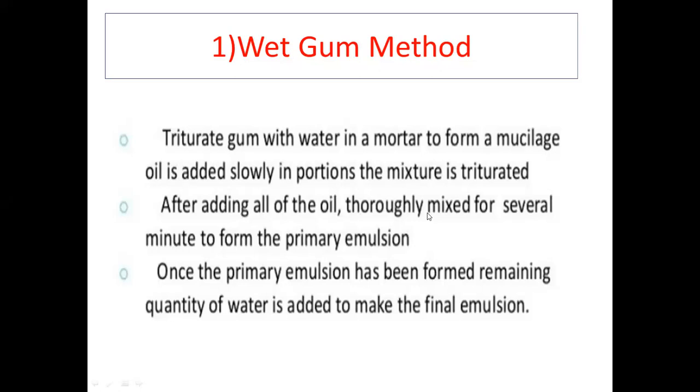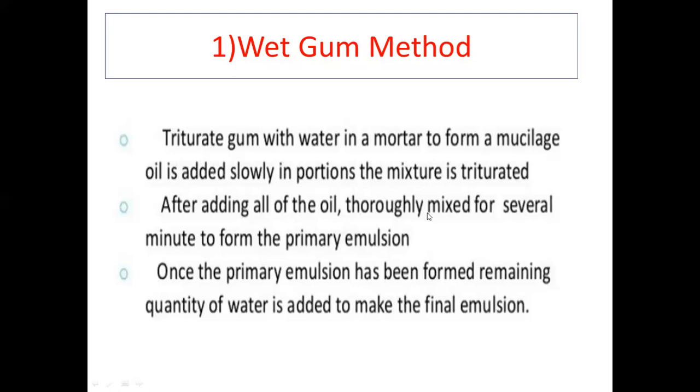So powder is given in the mortar, then with the help of the pestle it is triturated by addition of water. When it is triturated, the gum forms a mucilage. Then add the required quantity of oil in small portions, slowly, with continuous trituration.